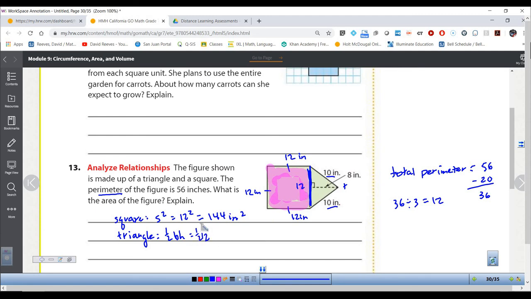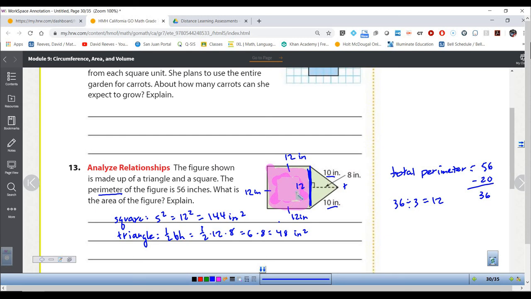Whoops, I forgot the half at the beginning. Let me try that again. Let's get this right, Mr. Reeves. 1/2 times 12 times the height, which is 8. So here we go. Half of 12 is 6. 6 times 8 is 48. So the area of that triangle is 48 square inches.